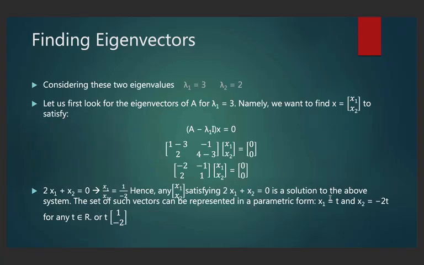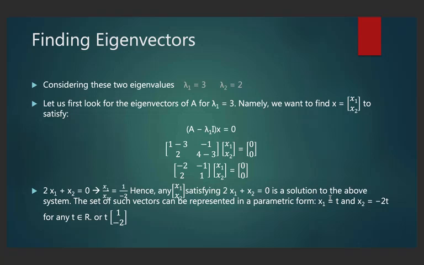So considering the two eigenvalues, lambda 1 equals 3 and lambda 2 equals 2, let us first look for the eigenvectors of A for lambda 1 equals 3. You have to individually put in the eigenvalues and then find the eigenvectors. Namely, we want to find x equals x1, x2 to satisfy A minus lambda I times x equals 0. When we substitute 3 in place of lambda and multiply by x1, x2 equals 0, we find the values of x1, x2 as 1 and minus 2.